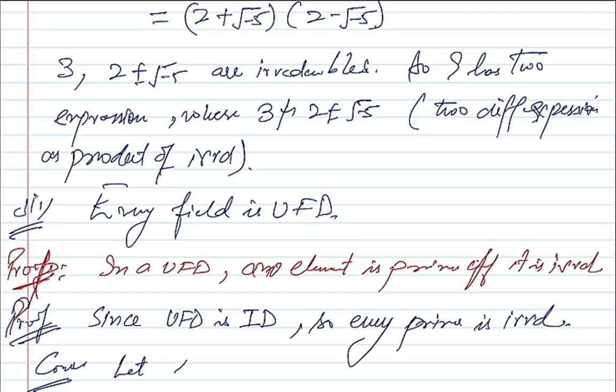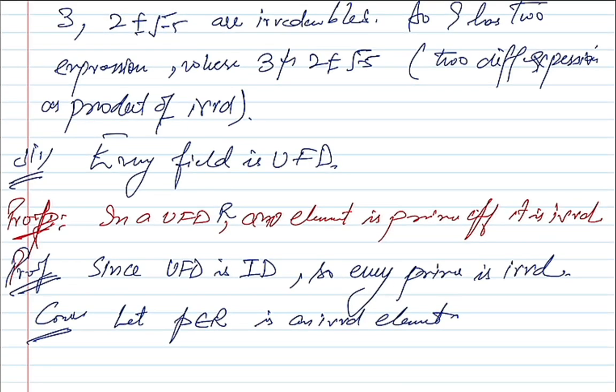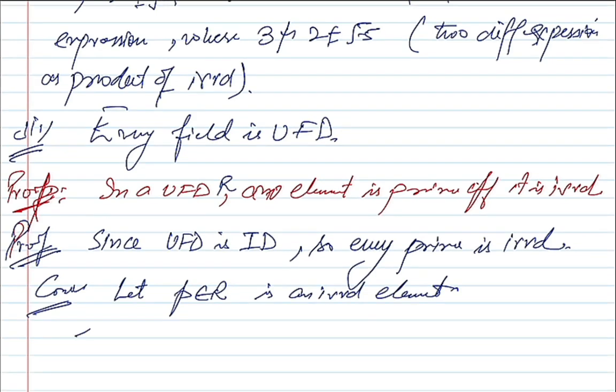So let P belonging to R be an irreducible element. So since it is irreducible, it is non-zero and non-unit. The claim is that P is prime.